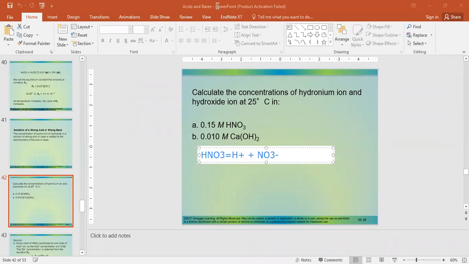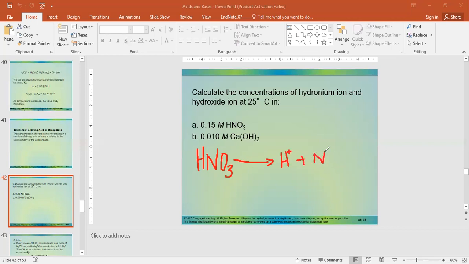So the question that we are supposed to ask ourselves is, now, what is the reactive mole ratio? Let me use my pen to write it. It's better. So when you have HNO3, then being a strong acid it is going to dissociate fully. This is going to give you hydrogen ions plus nitrate ions. What is the reactive mole ratio?